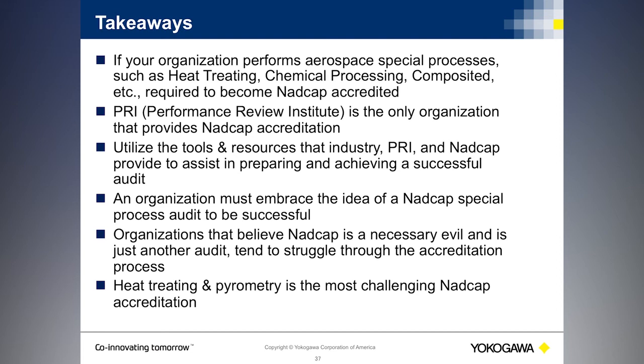So what's your next step if you decide you want to go for Nadcap? Well, first of all, you need to decide from all levels of your organization if Nadcap accreditation is right for your company. If it is, you really need to evaluate your entire internal quality system against the requirements for Nadcap special process. You need to look at the quality manual, procedures, work instructions, and customer requirements, and incorporate all this into your system.